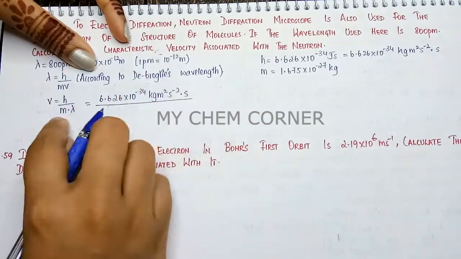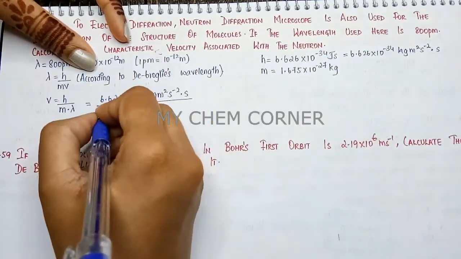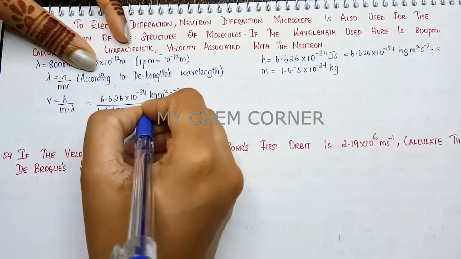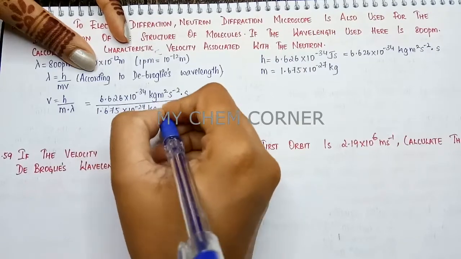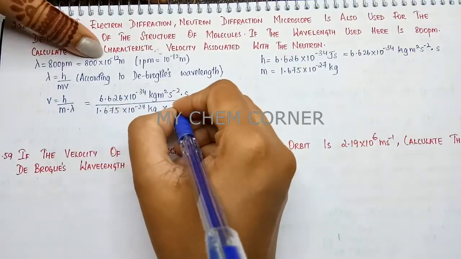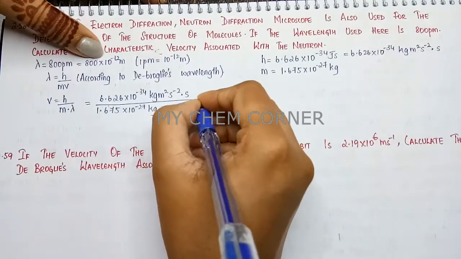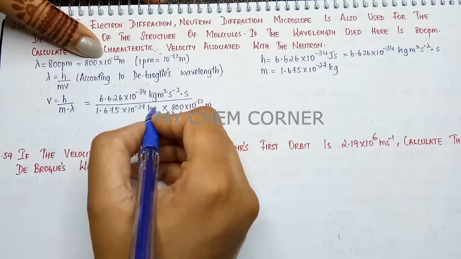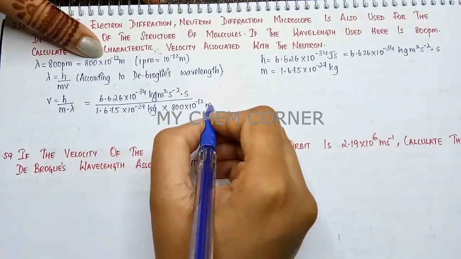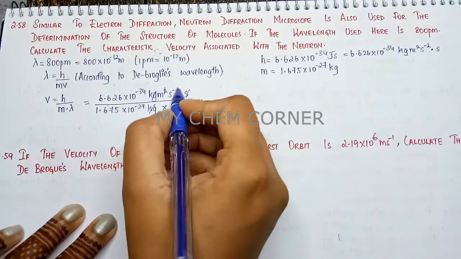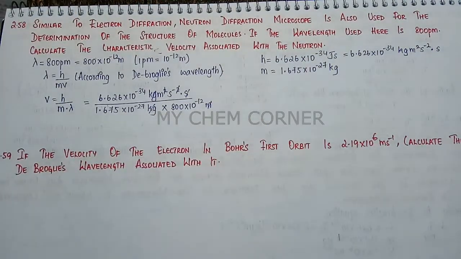Divided by mass of neutron, which is 1.675 into 10 to the power minus 27 kg, into lambda value in terms of meters, so 800 into 10 to the power minus 12 meters. Let's cancel out the common terms. Kg and kg will get cancelled. Meter and 1 meter here will get cancelled. Seconds and 1 seconds will get cancelled.